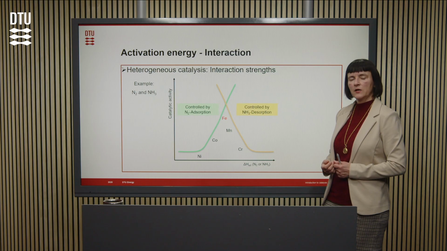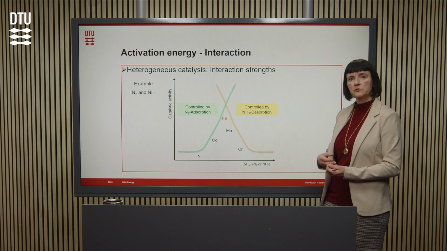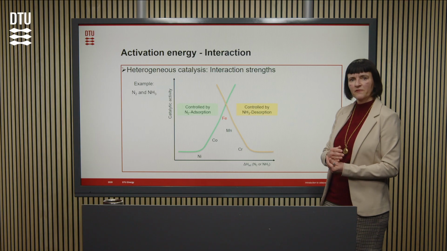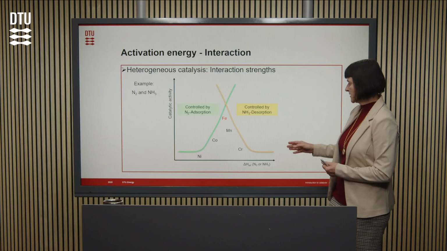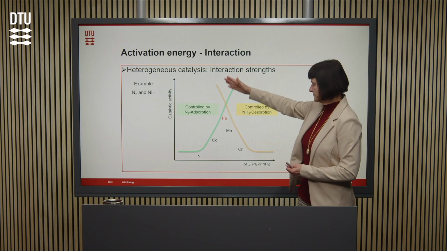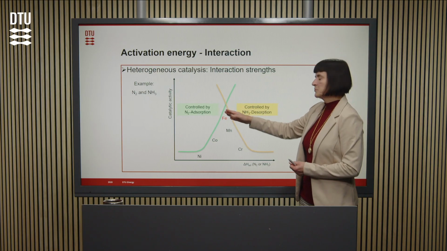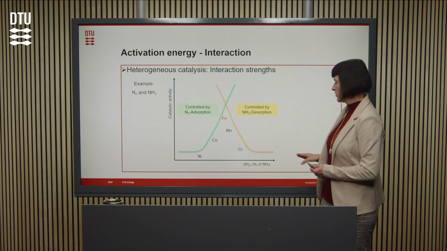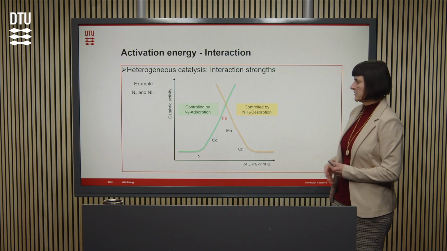Then imagine you have made ammonia and you need to desorb it. So also the interaction between the surface and the product is quite important. And here it's kind of the opposite way for these specific elements. So iron keeps ammonia with a certain strength, and then this is weakened when you go further towards the other elements.